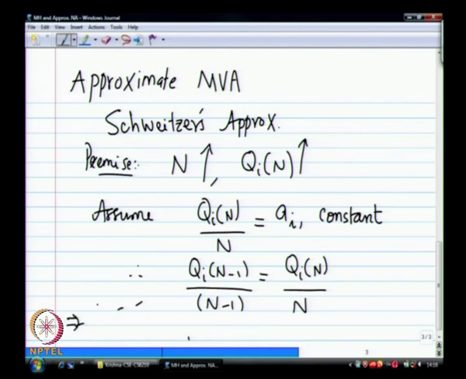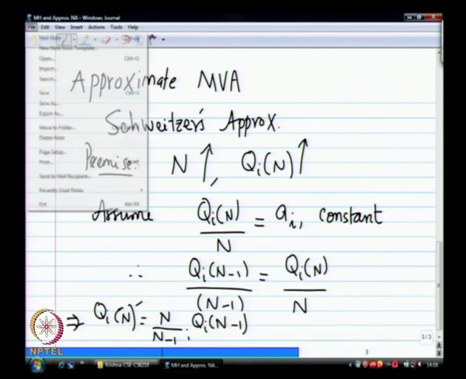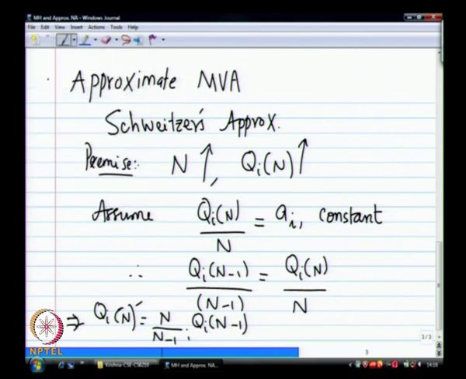That implies Qi of n equals n by... So that is the basic expression that you are going to use for Qi of n.